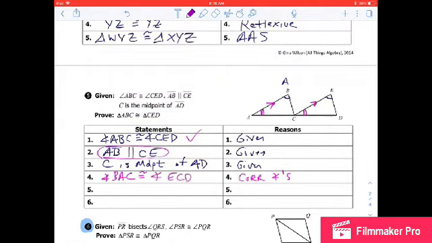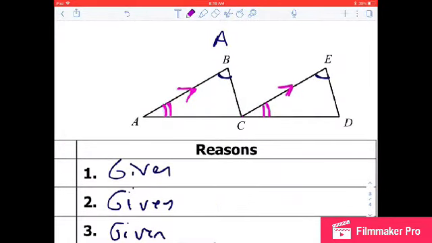Okay, so now let's use the second given. Okay, I used this given. Done with that one. Now let's use the last one. So C is the midpoint of AD. So if C is the midpoint of this whole segment, that means it splits it up into two congruent parts.